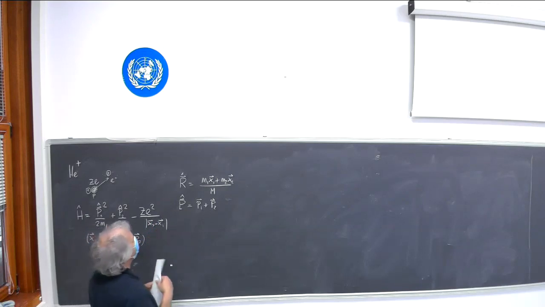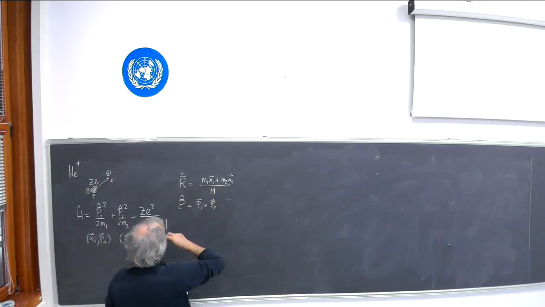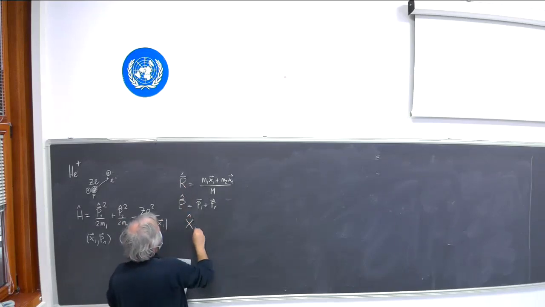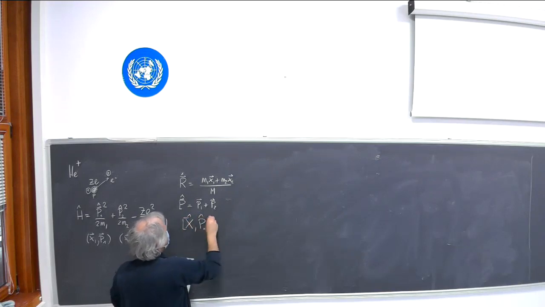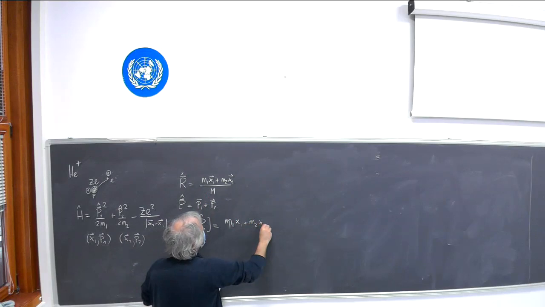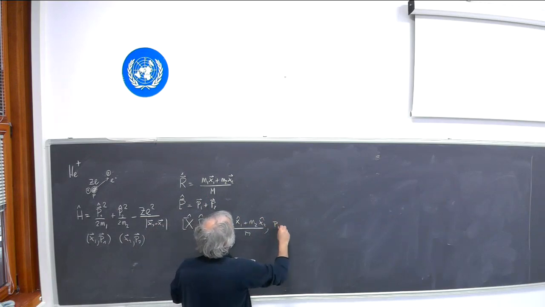You can verify, let me just do it for one of the components, say the X and the P X. The commutator is (M1 X1 plus M2 X2) divided by M, and I have to commute with P1 plus P2, meaning the X part.